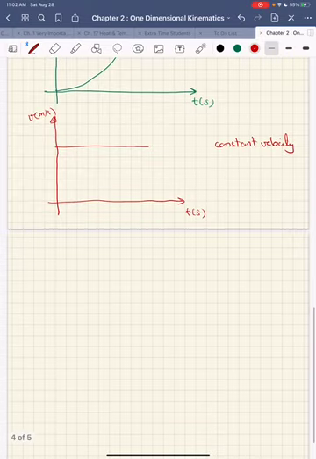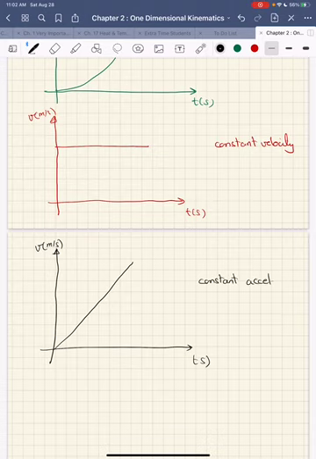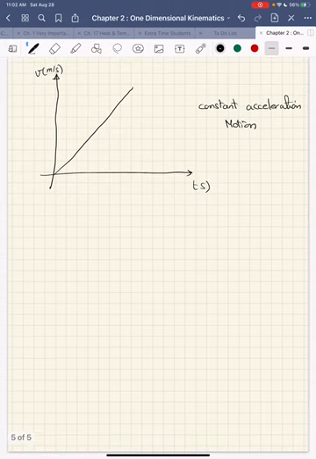And if it is with constant acceleration, the v versus time graph is going to look something like this. This is constant acceleration motion. You should understand these, and if you have any problem, let me know. During office hours, you can join me.